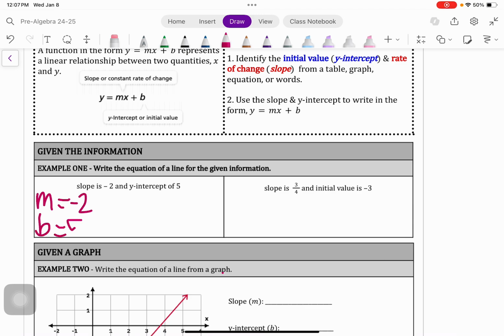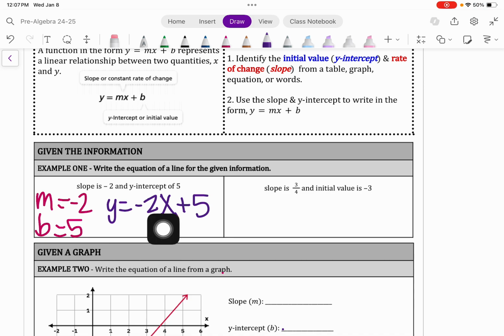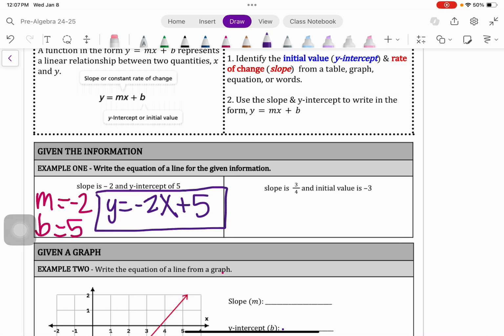Since my slope is -2 and my y-intercept is 5, my equation is y = -2x + 5. My -2 is my slope, and it goes next to my x. My y-intercept comes after. It's +5, so I add it. The equation itself is the final answer.